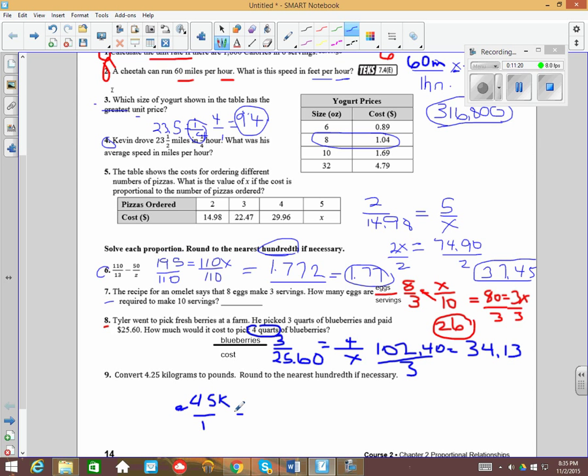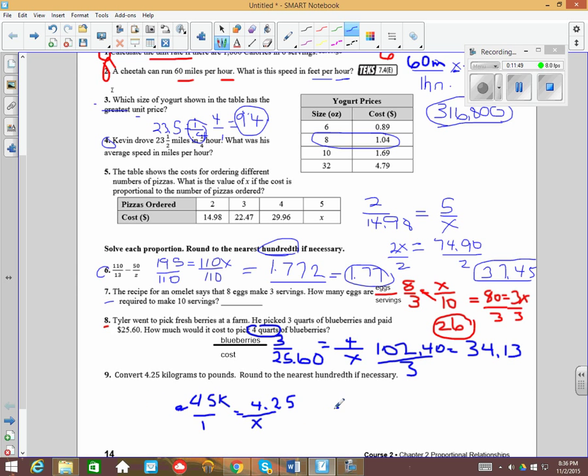You want to know how many pounds, so pounds is on the bottom, is 4.25 kilograms. Again, we use the cross products, multiplying the 1 times 4.25 and then dividing by 0.45.